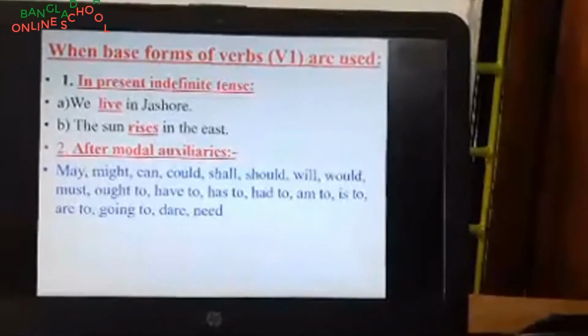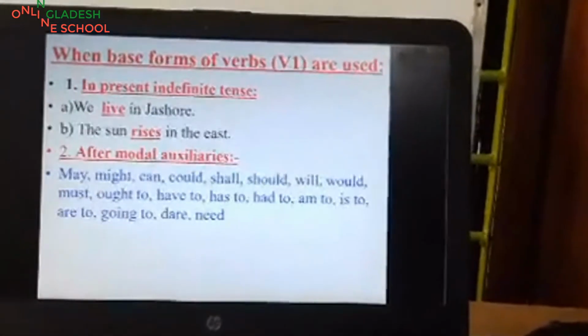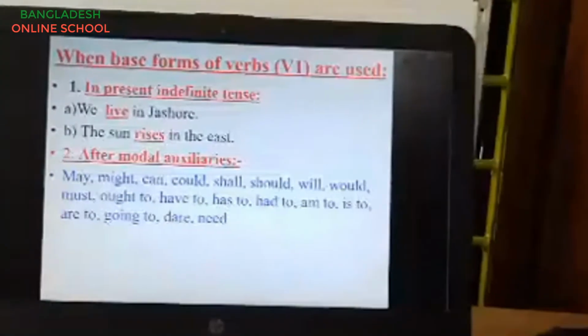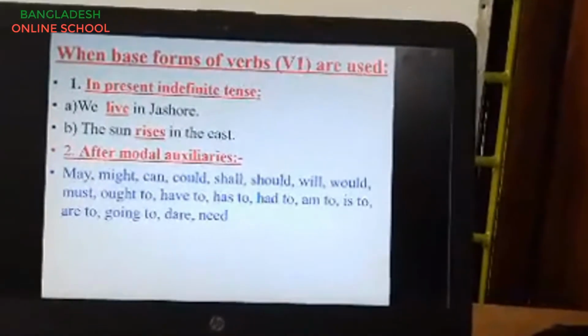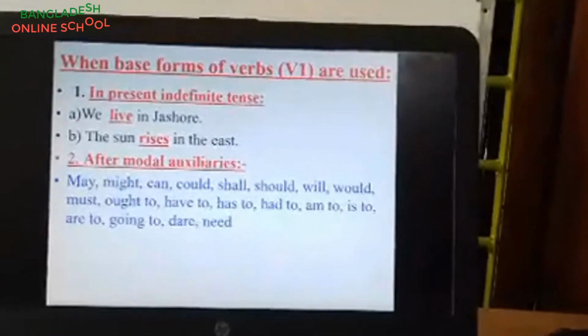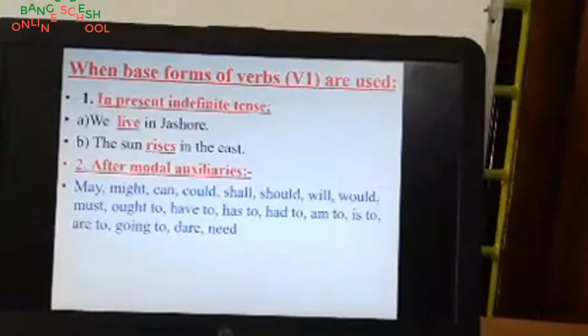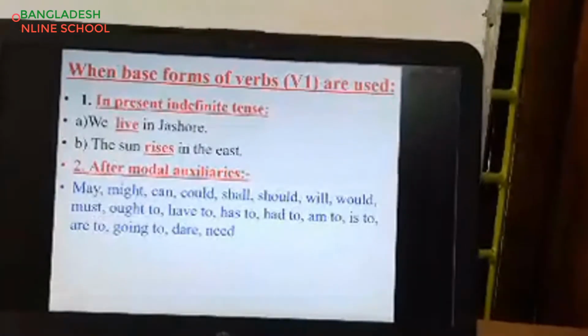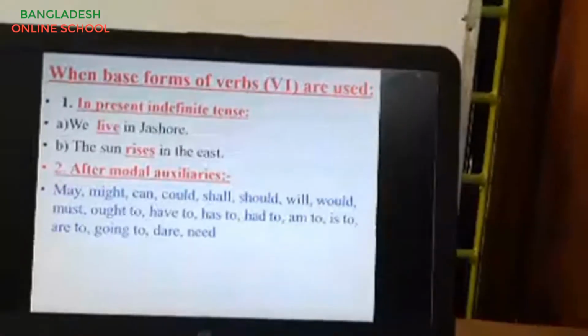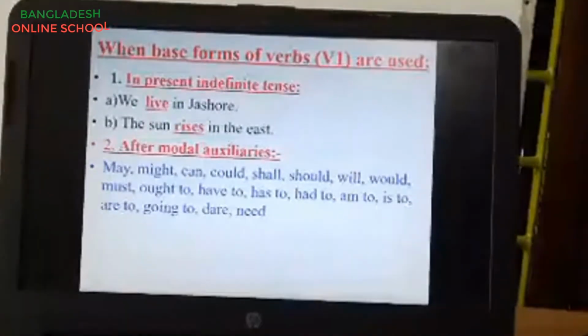These are the examples of modal auxiliaries. After these modal auxiliaries, you will use base form of verb, that means V1.